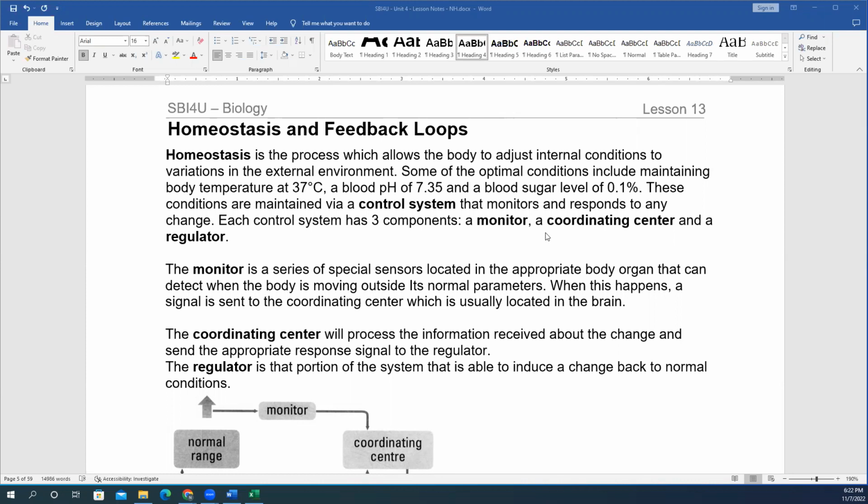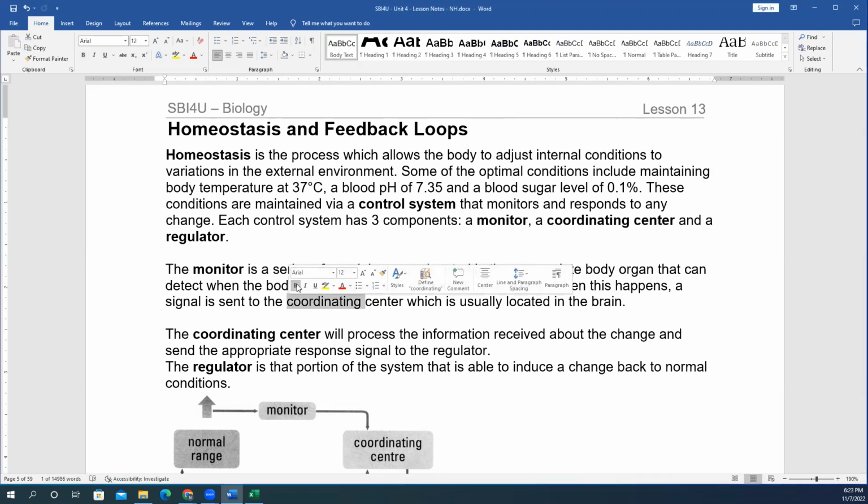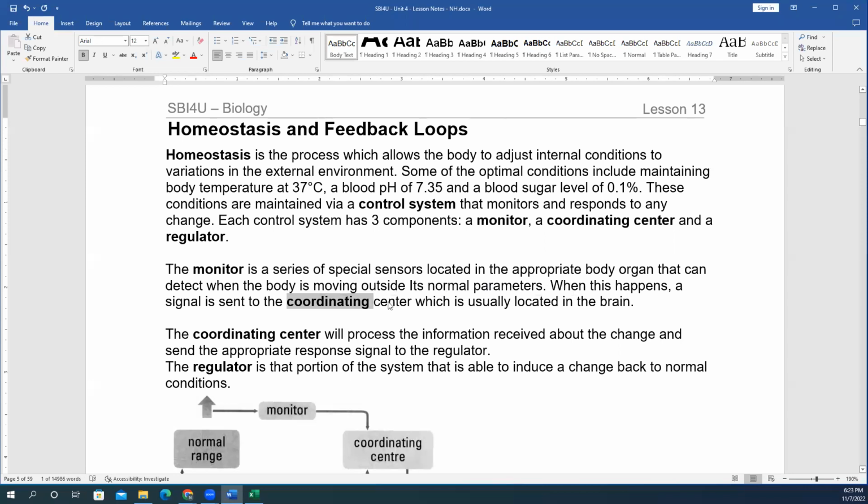When the body is shifting one way or the other outside of its optimal parameters, a signal is sent from these sensors to the coordinating center. And this coordinating center is usually located in the brain.